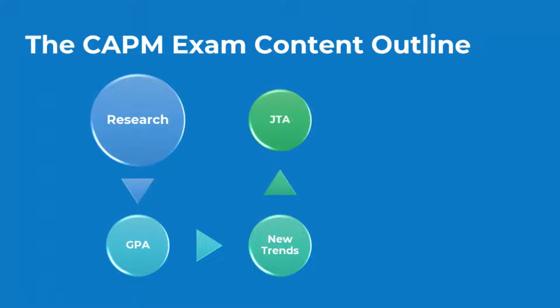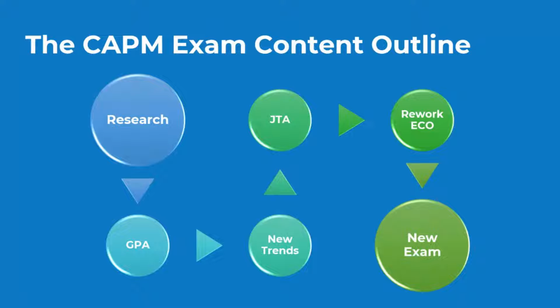These trends were then used as inputs to what they call a job task analysis, JTA, in order to ensure the validity and relevance of a reworked exam content outline. And that reworked ECO then led to the new and updated CAPM examination.